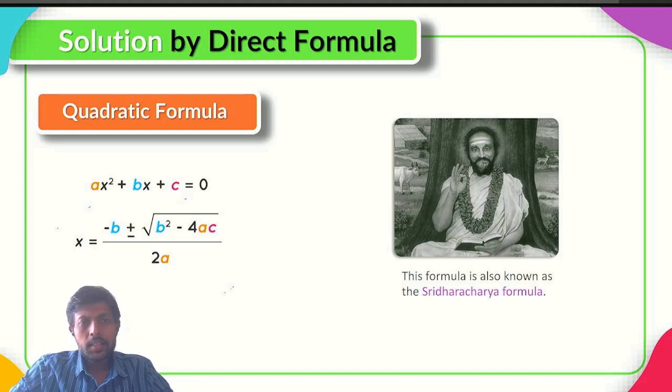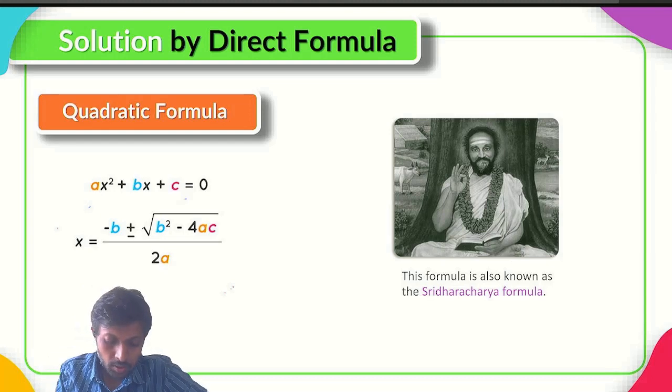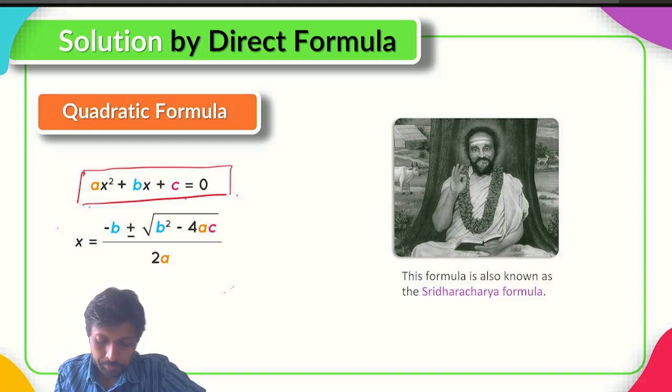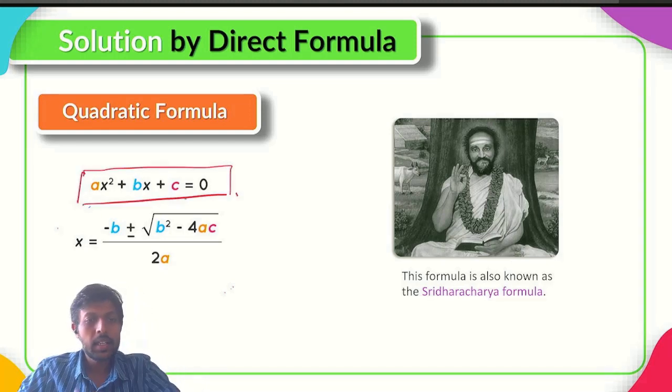Now, besides the factorization technique, there is one more way to solve quadratic equations, and that's using the direct formula. And this is the direct formula. First, we write the quadratic equation in the standard form. It has already been written here, as you can see, where a, b, c are coefficients. Now, we use these coefficients to figure out the value of roots directly.